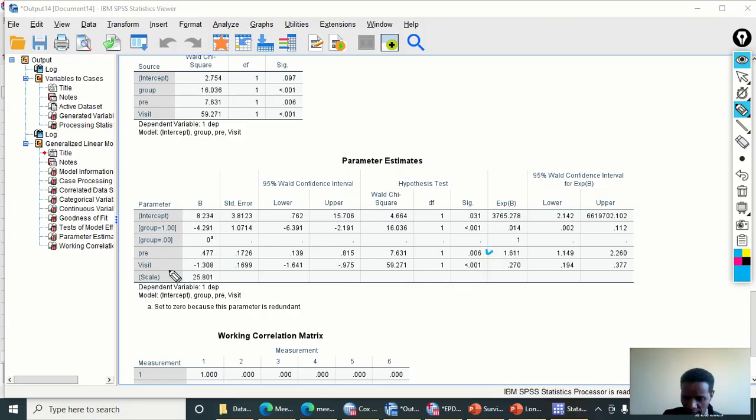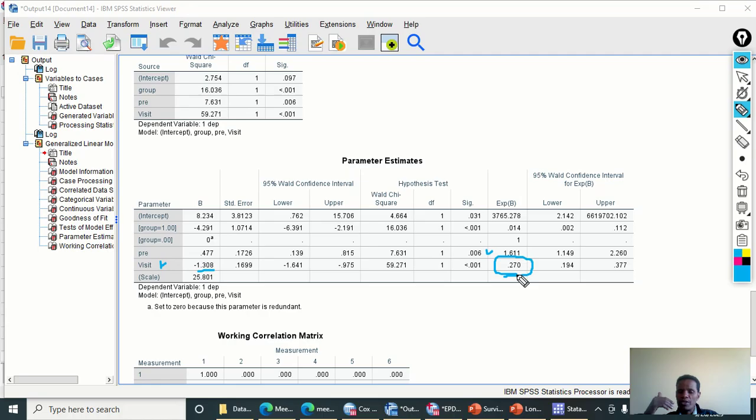The visits, the time itself, have again a negative beta coefficient. That means with a 1 unit increase in months or in time, the probability of developing depression over the follow-up period will decrease by 1.31. In terms of odds ratio, it will be 0.27.